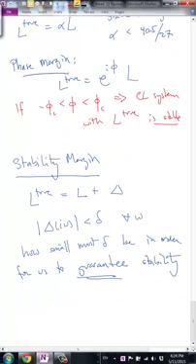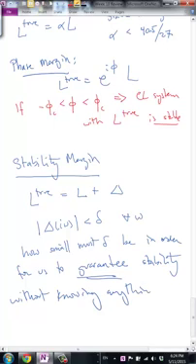And the key is without knowing anything else about delta other than its size. In other words, the system could be incredibly complicated, have loops and turns and twists. We do not know about delta.